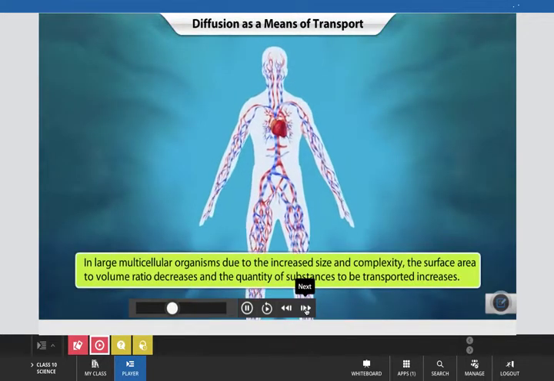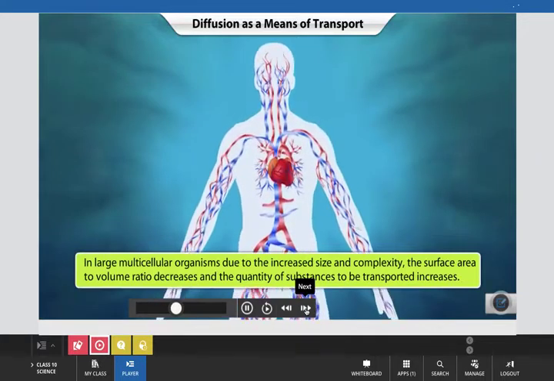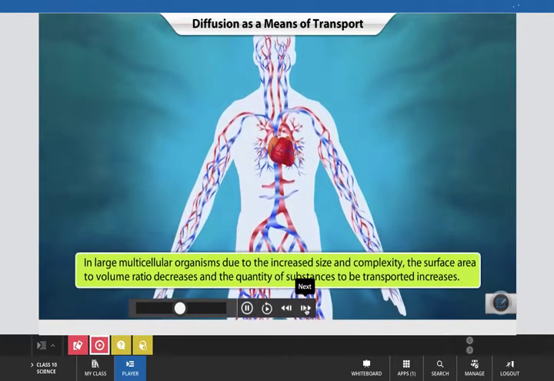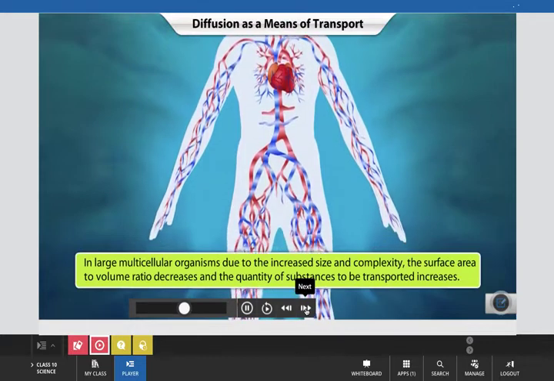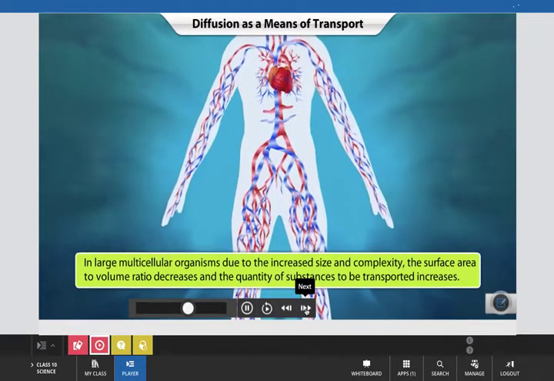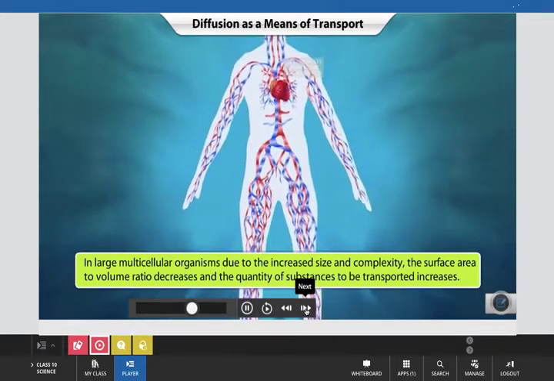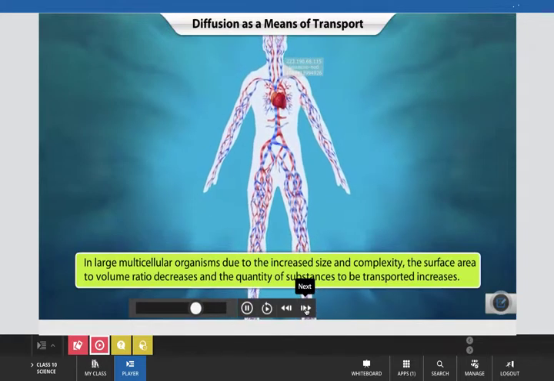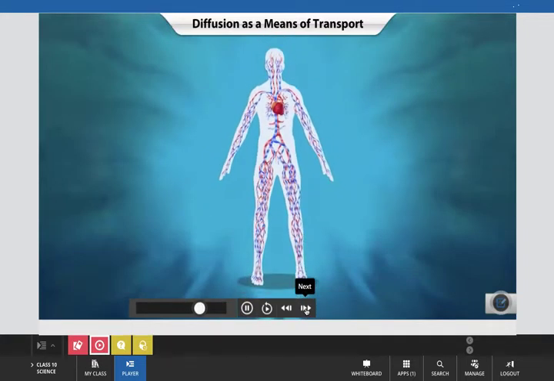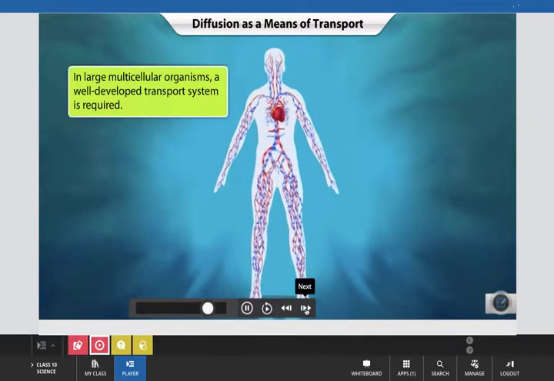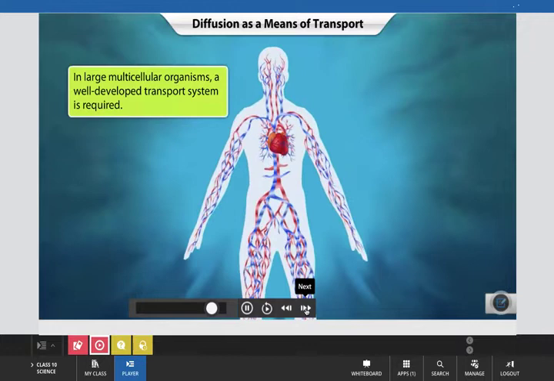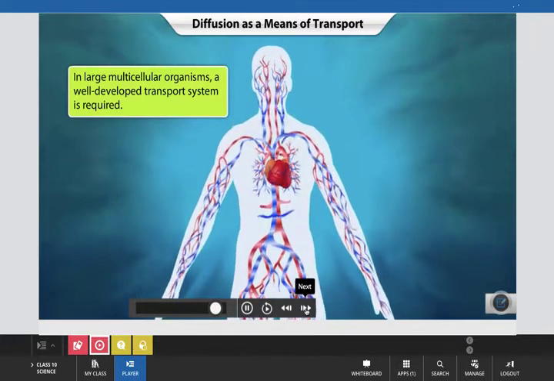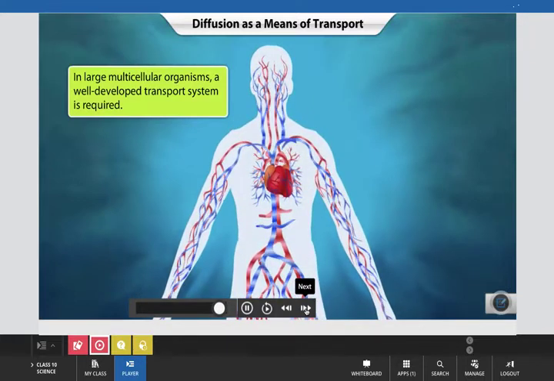However, in large multicellular organisms, with the increase in size and complexity, the surface area to volume ratio decreases and the quantity of substances to be transported increases. In such cases, diffusion becomes inadequate and there arises a need for a well-developed transport system to ensure proper movement of substances to and from different parts of the body.